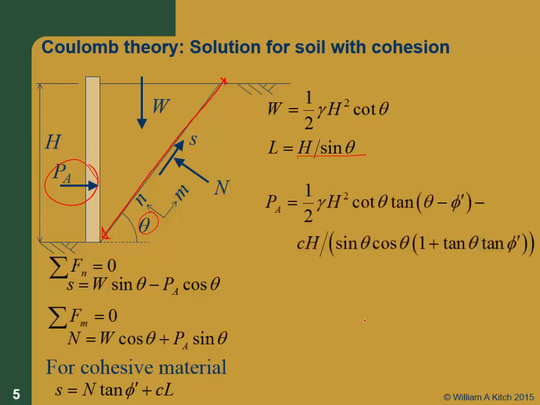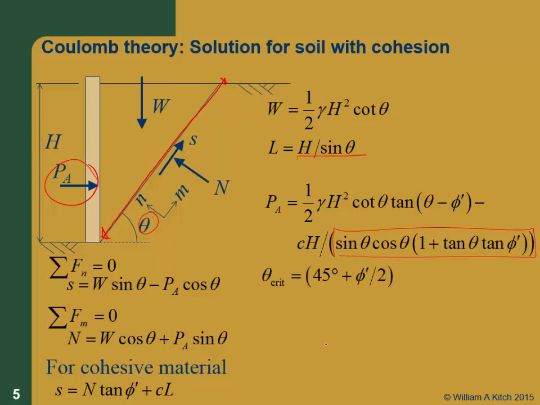So I'm going to plug that in here, and I'm going to get that PA is 1/2 h squared cosine theta tan of (theta minus phi prime) minus C times h, divided by this whole mess.